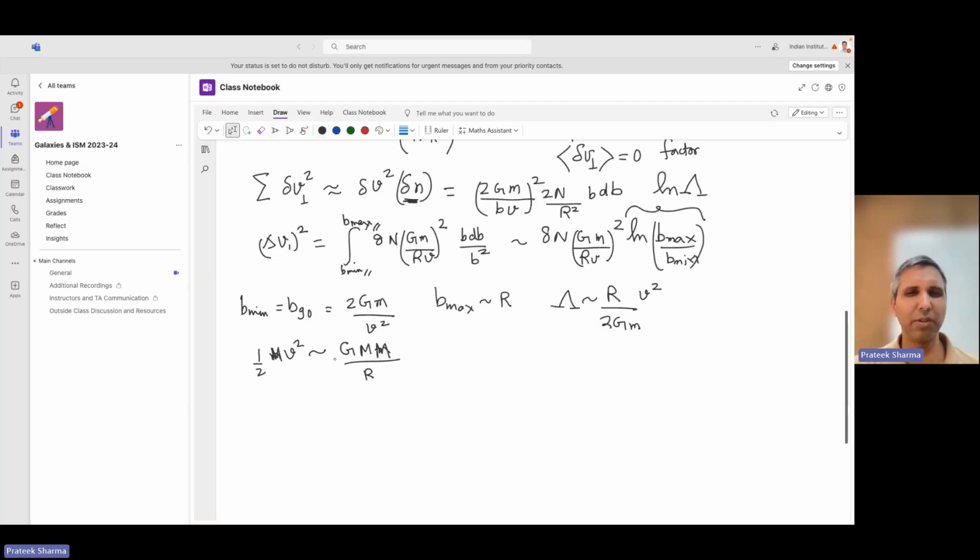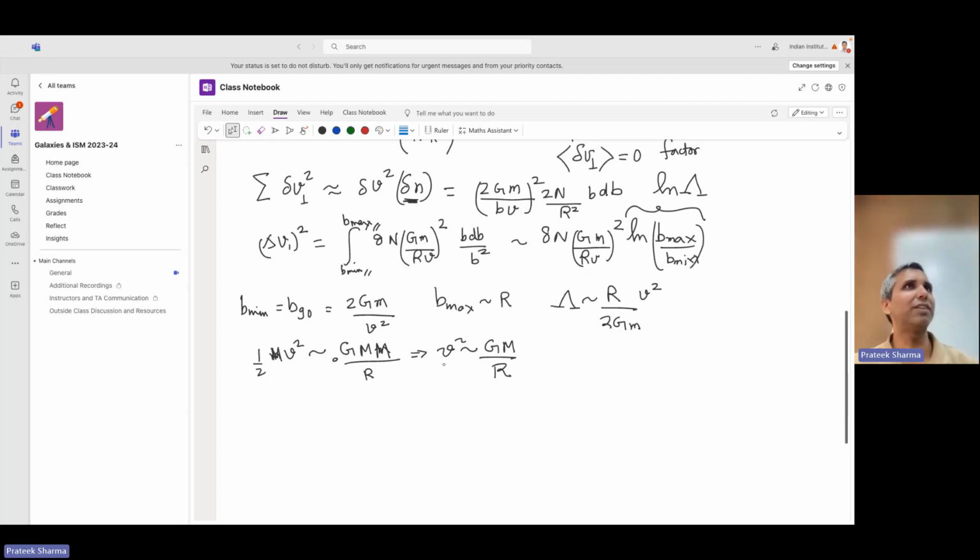You can put a factor here if it is an extended potential or whatever. The point is v squared is GM by R. This is basically what we use all the time, right?